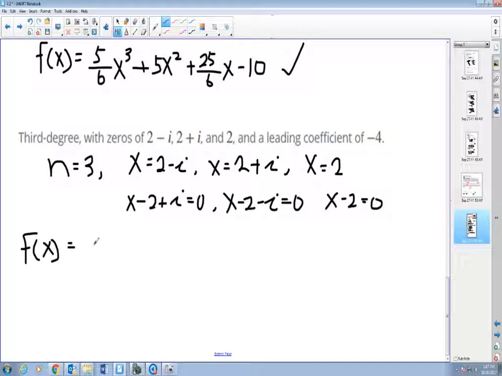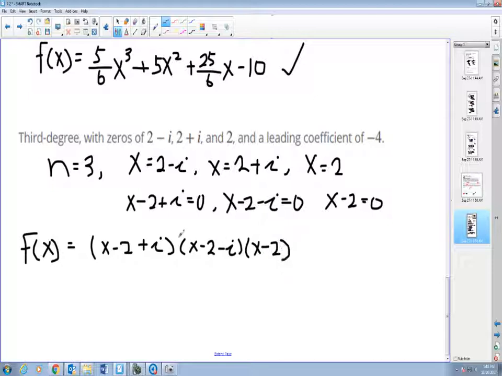Where's my a sub n when I write these as a factor? I'm assuming it to be 1 for a moment. So if I write them back out, it'll be x minus 2 plus i, x minus 2 minus i, and then x minus 2.